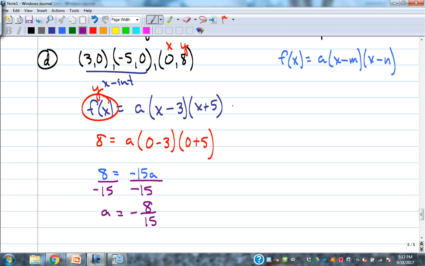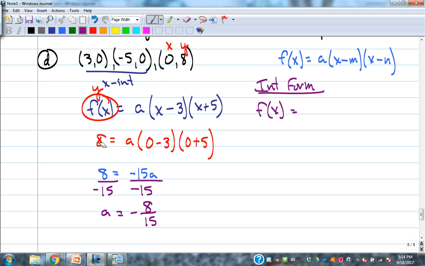So my intercept form has the a that we didn't know at the beginning. We knew these parts, but we didn't know what a was. So we used the other point, the third point they gave us, to find a. We plugged in 0 for x and 8 for y to get a.